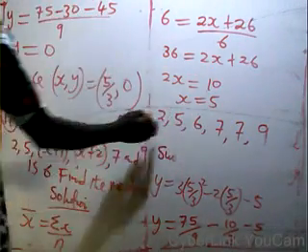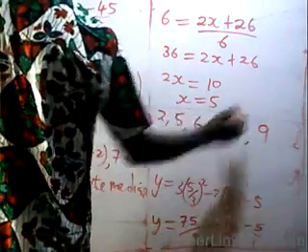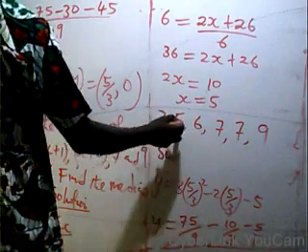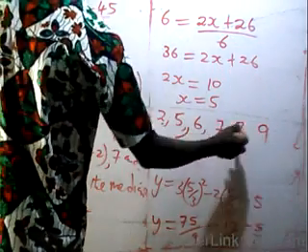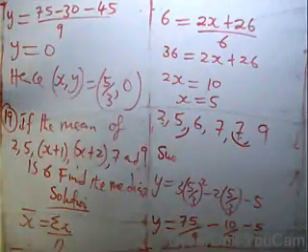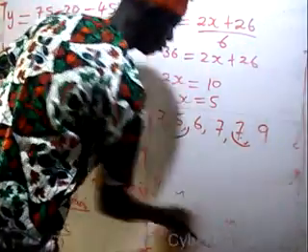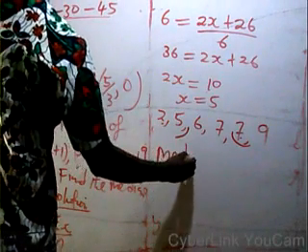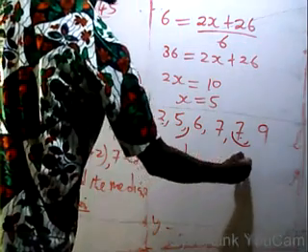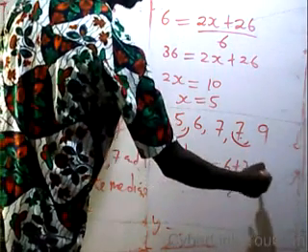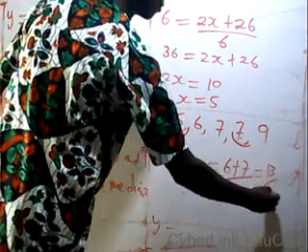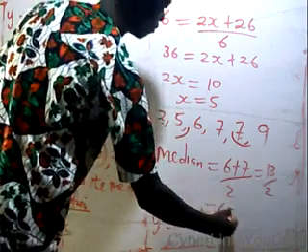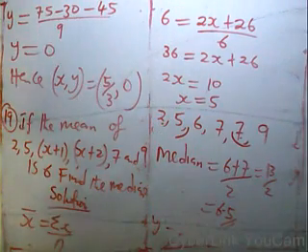These are the terms that we have, 6 of them. Which ones will fall at the middle? 6 and 7 will fall at the middle. So the median is equal to 6 plus 7 all over 2, which is 13 over 2, and that is 6.5. So our median is 6.5.